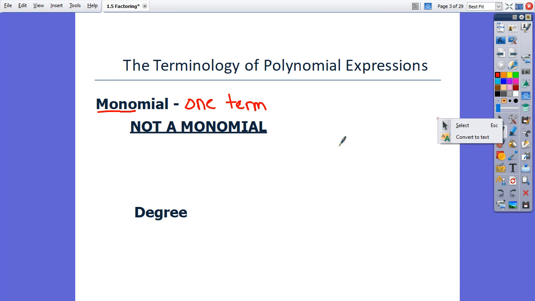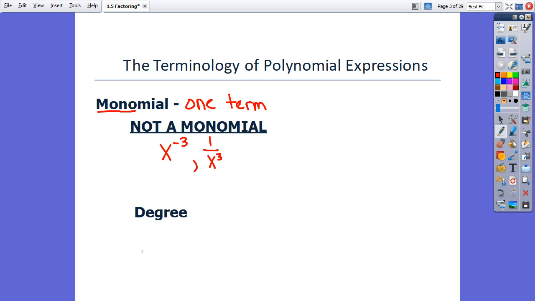And so what we have here is what is not a polynomial. If you see certain things, even if it's one term, it's not a polynomial. So I want to describe some of those things. If you see a negative exponent, something like that, it is not a polynomial. Now, piggybacking on that, let's say we have a variable in the denominator.